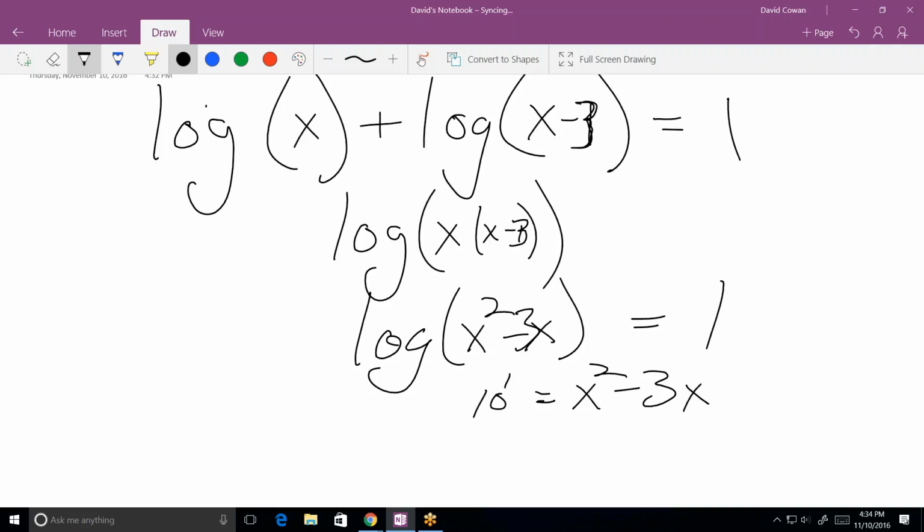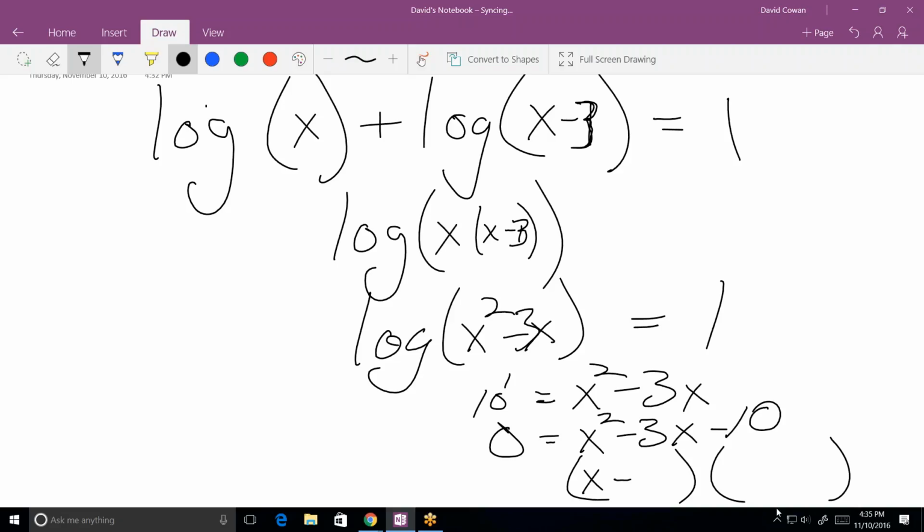Let's move the 10 to the other side. Now factor. This is the way a lot of log equations unfold: you end up with a quadratic.